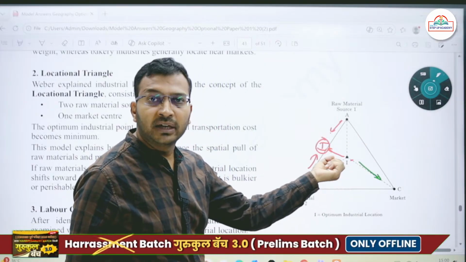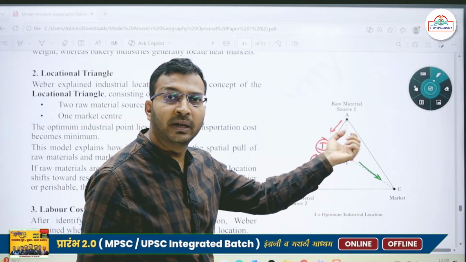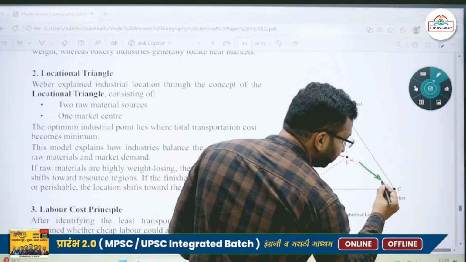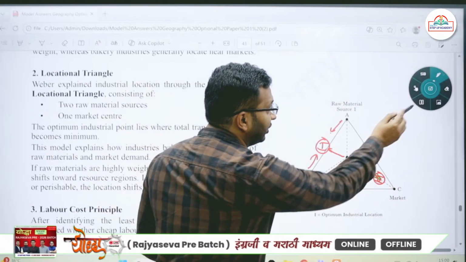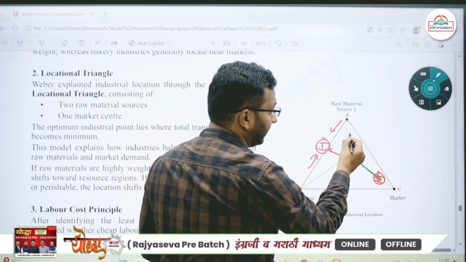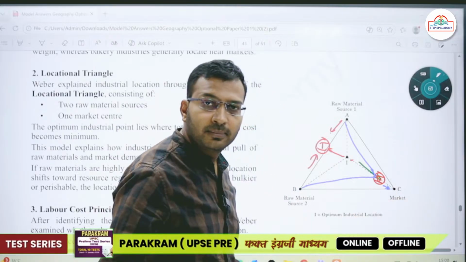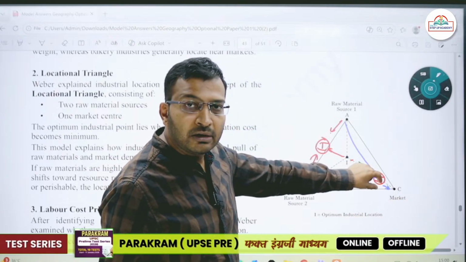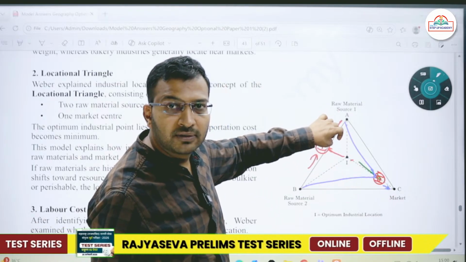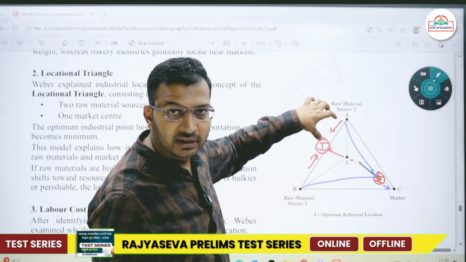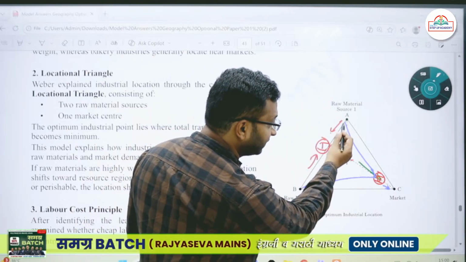If some industry is producing a bulky finished good, then the industry will be located more near the market. Then you bring in raw material from here, bring in raw material from here and immediately supply it to the market. So depending upon what type of raw material you are using, whether it is weight losing, whether it is perishable, whether it is bulky, the industry will be located towards the raw material.